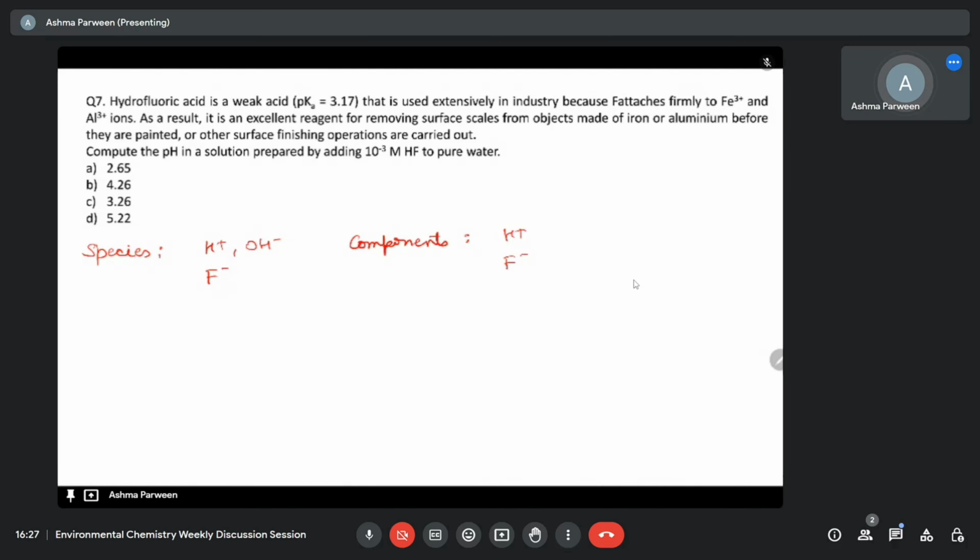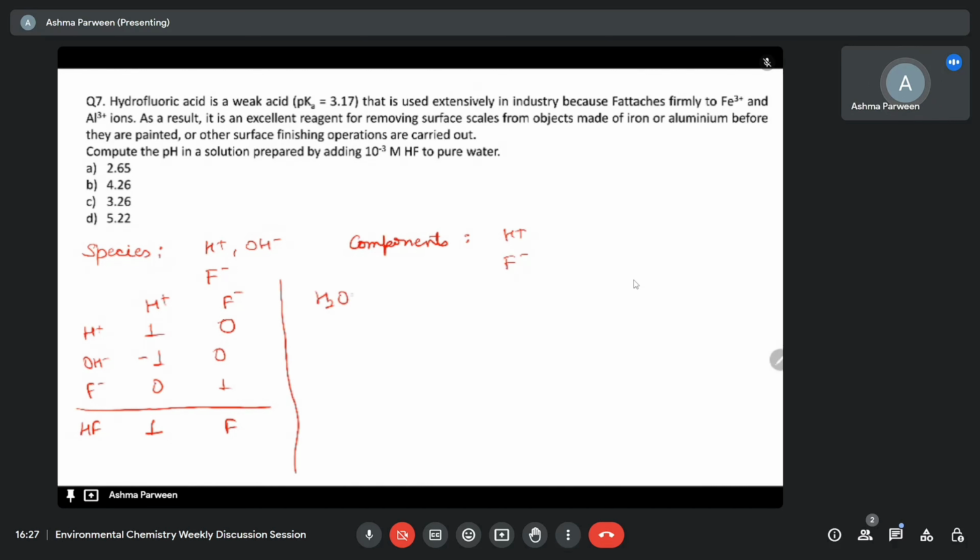So we will write the species H plus, OH minus, F minus, and write the components here, H plus and F minus. And then we are adding HF in pure water, so H plus will have 1 H plus, 0 F minus, minus 1, 0, 0, 1, and HF we are adding, which will give 1 H plus and 1 F minus.